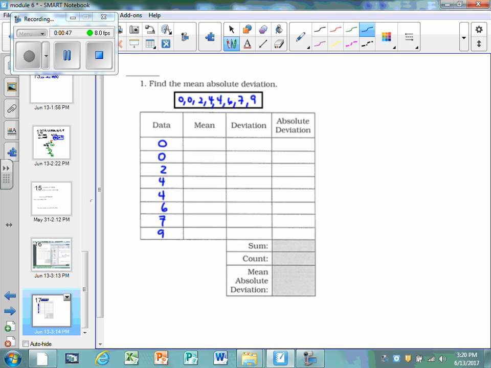So the next thing that we have to do is fill in the mean column, and the mean is asking us to add up all these values of the data and divide by the number of pieces of data that we have.